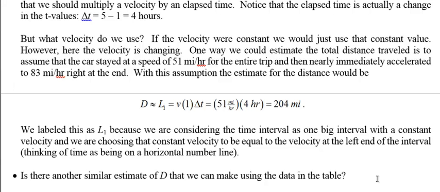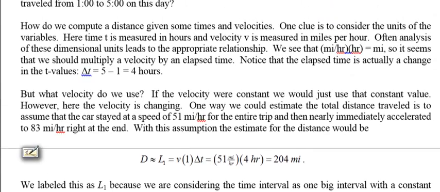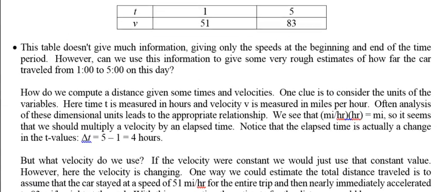Now, why did I call it L1? Well, if we look back at our table and think of this as an interval, the t values are like x values on a number line, and we put them in increasing order, then the 1 is on the left and the 5 is on the right of that number line. So the 1 is at the left end of our number line, and we can use that as our t value, and then find the corresponding v value that goes with that.